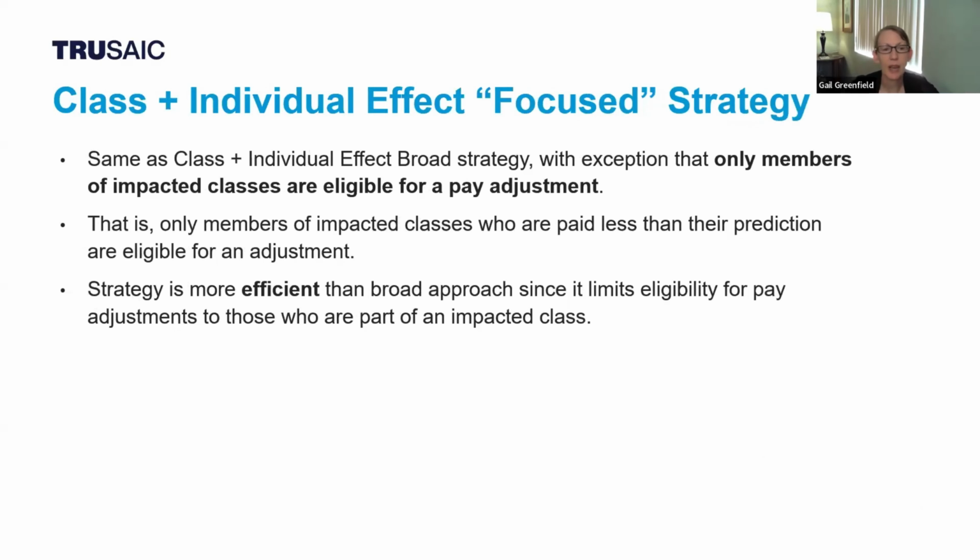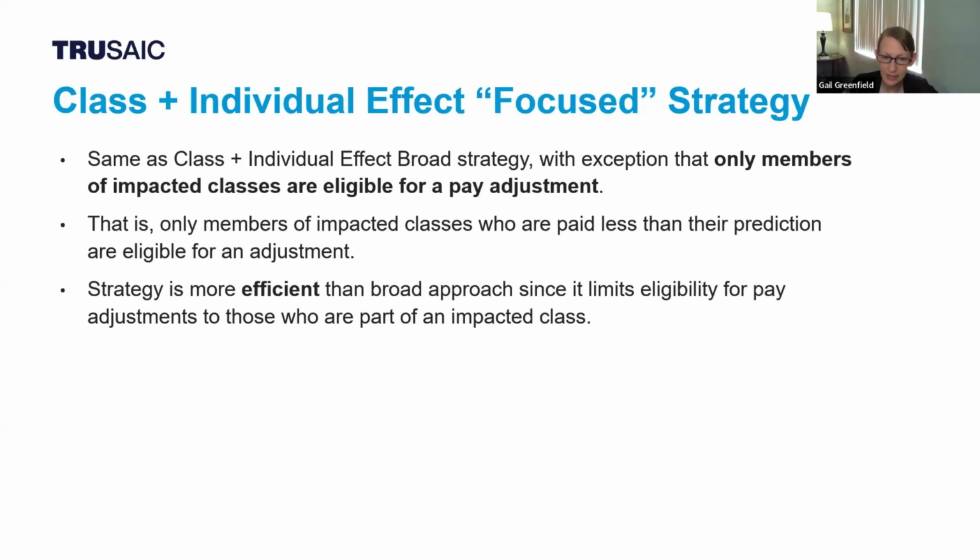Our third strategy is what we call the class plus individual focused strategy. The last one was a broad strategy. This one is a more focused version of that broad strategy. Essentially, it's the same as the class plus individual effect broad strategy, with the exception that only members of impacted classes are eligible for that pay adjustment.